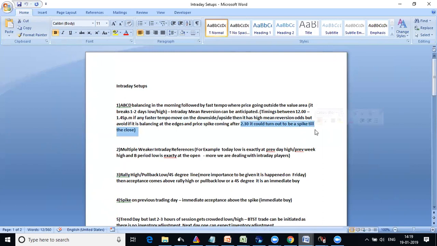So anything before 2:30, if it's happening, you can think about fading the odds, provided there are other clues saying that price is touching exactly at the previous day high or previous day low, and other mechanical references saying that all are emotional sellers and they are mostly chasing the price.